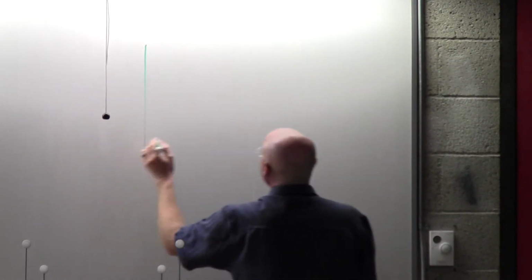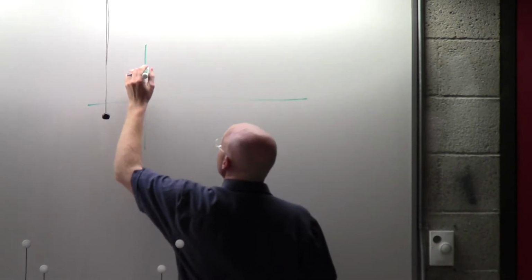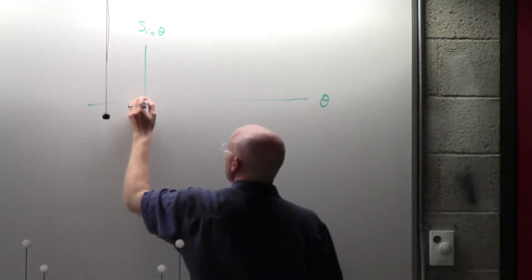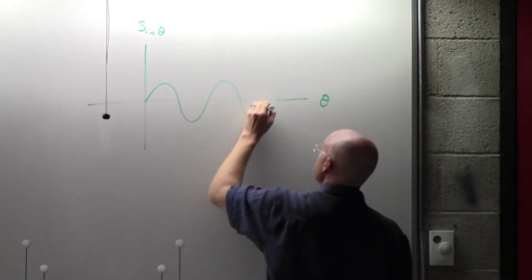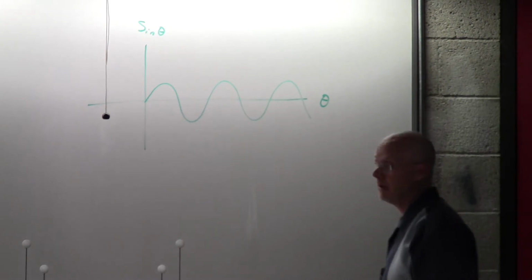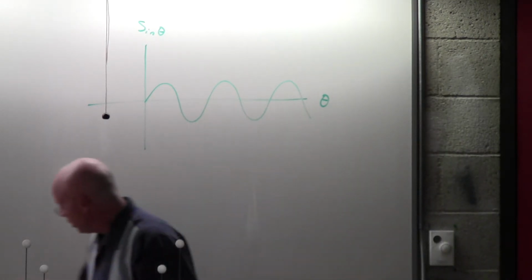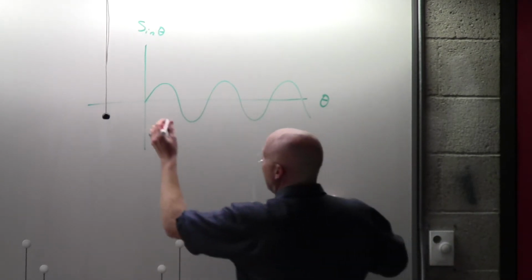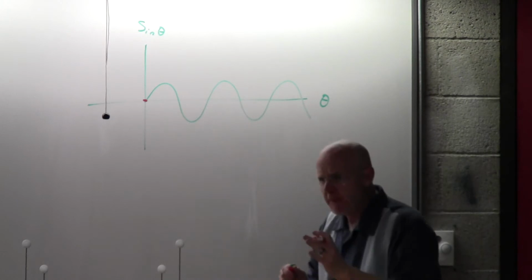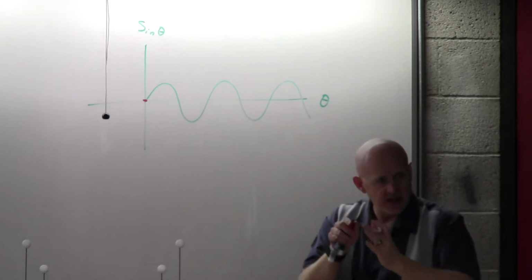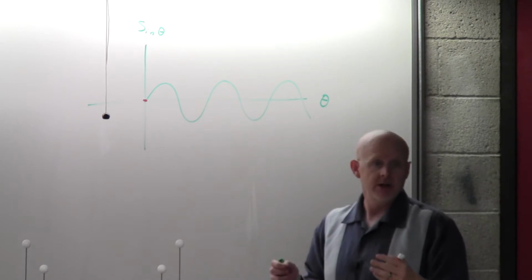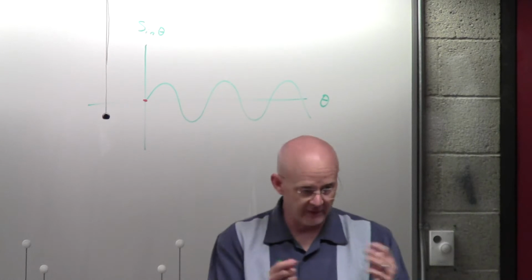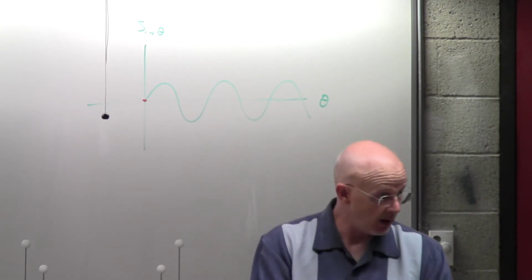If I were to put a graph up here, here's theta on the axis, and I will plot sine theta. At the beginning, if I look at the slope of this, in other words, if I take the derivative of the sine and evaluate it at 0, the derivative of sine is cosine, evaluated at 0 is 1, right?